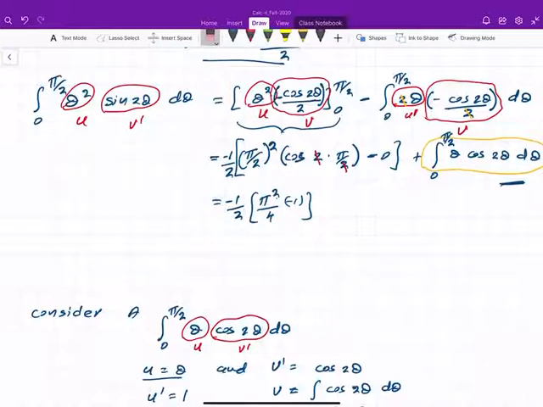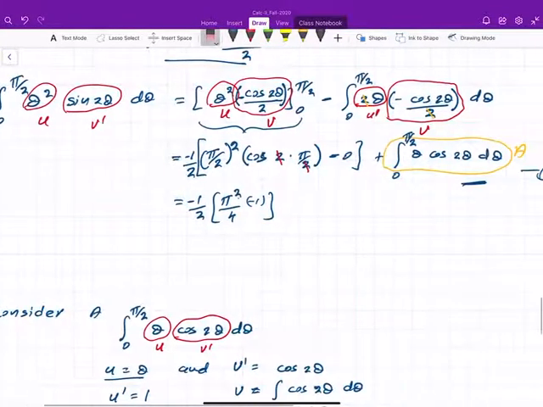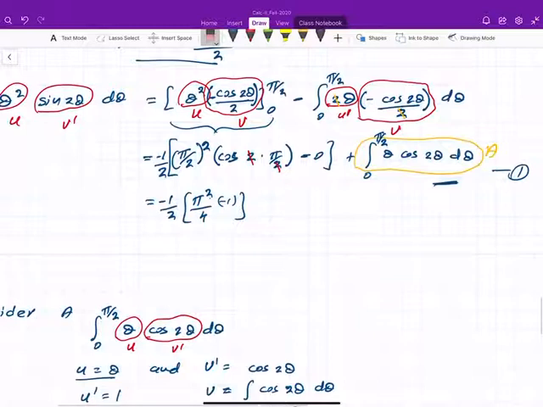Let me write it at once. So for the entire part I write, okay, let me go through 2 steps, otherwise you might be confused. That is the first step, and let me write this part plus the integration from 0 to pi over 2 of theta cos 2 theta.